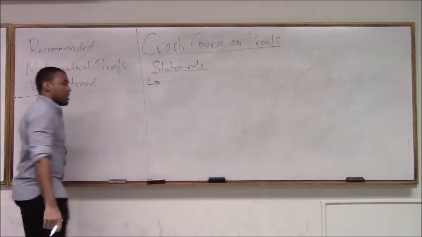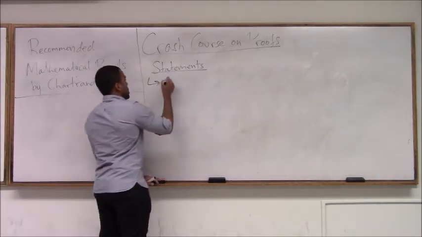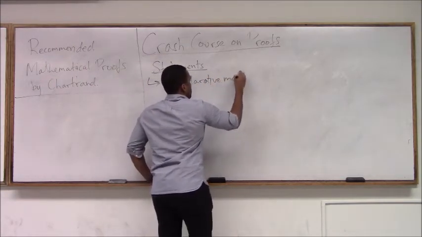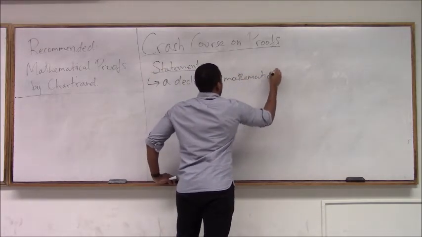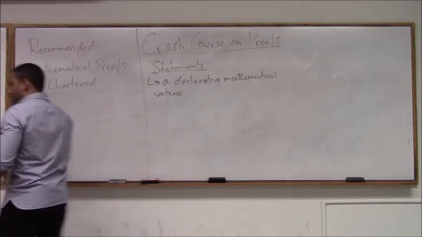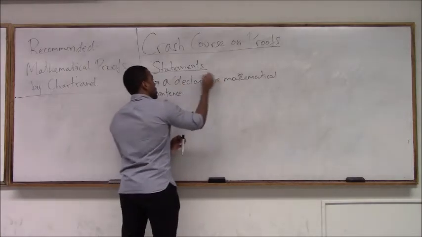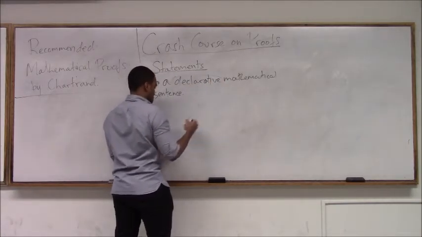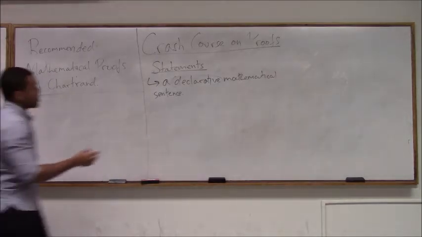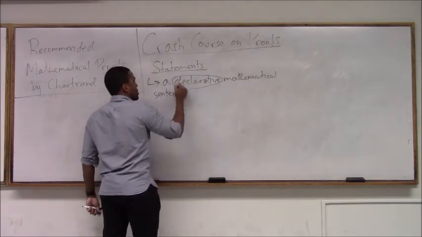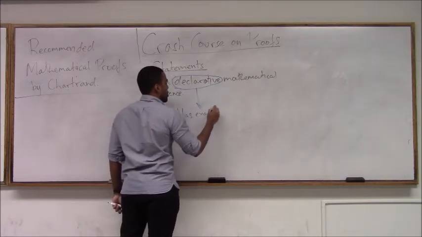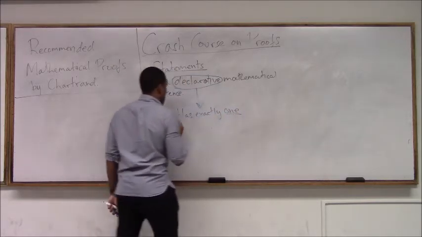So when I use a statement in this class, it will mean a declarative mathematical sentence. By the way, what declarative means is that it has exactly one, what we call, truth value.